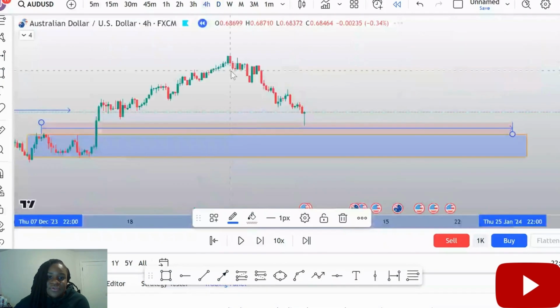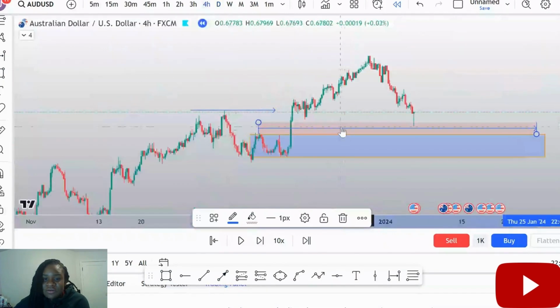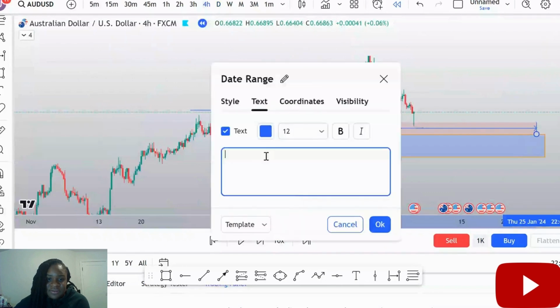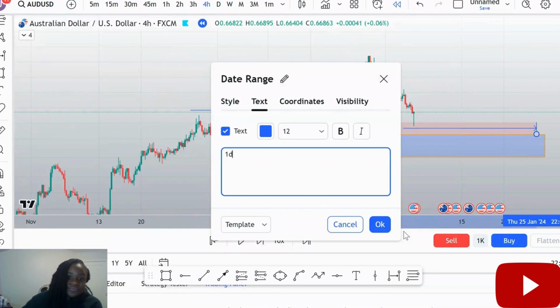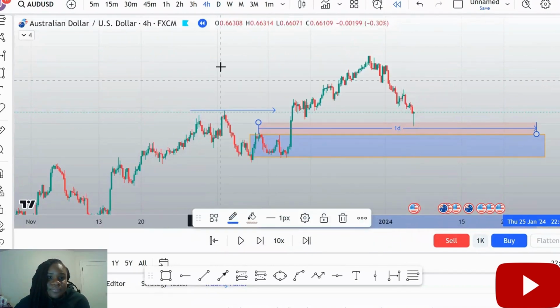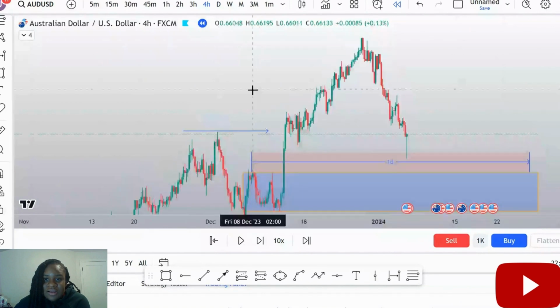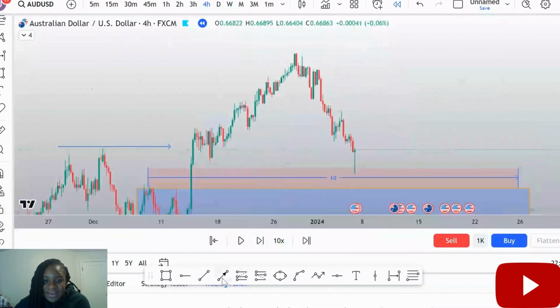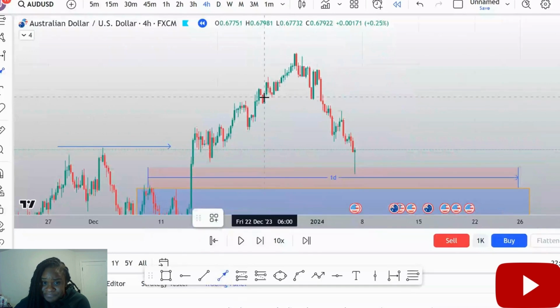Then I come down to 4 hours. But for my fair value gap, I always label how I mark it as 1 day. It helps me know my zones. Then on 4 hours, I can see here market had a shift in structure.